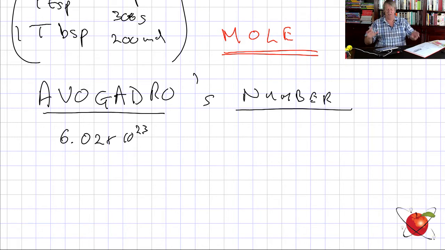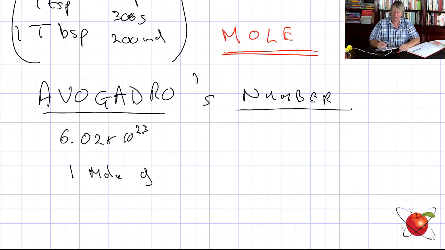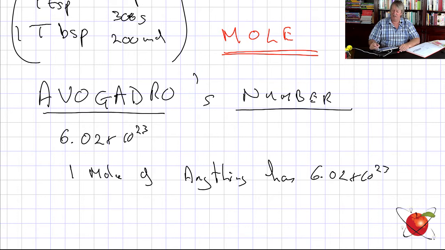What is this all about? Now, what he said is that 1 mole of anything has 6.02 times 10 to the 23 bits. Don't worry about this, okay?